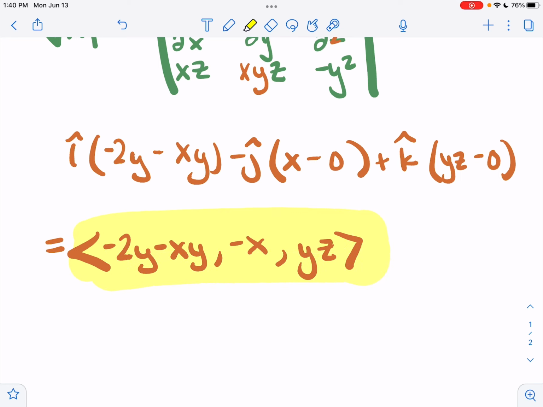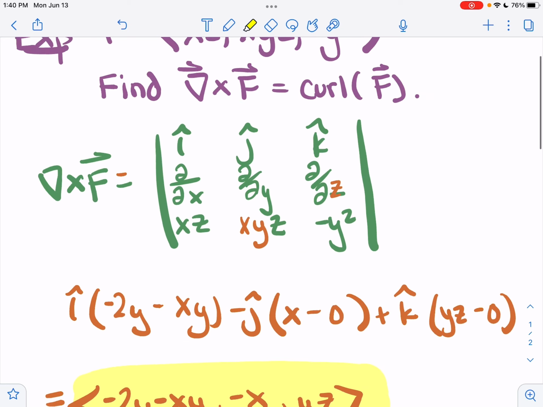It is itself a vector field. That will always be the case, but that's the curl of the vector field, and it's done in this way. Let me show you again the pattern. For i, we start by going to the right. We then go to the left. For j, to the right. j to the left. k to the right. k to the left.